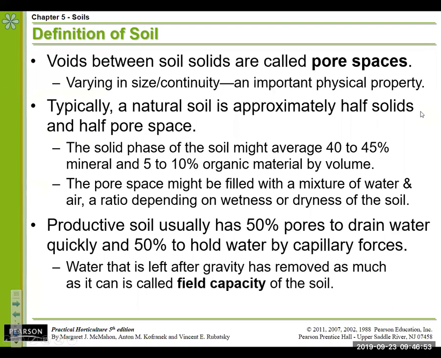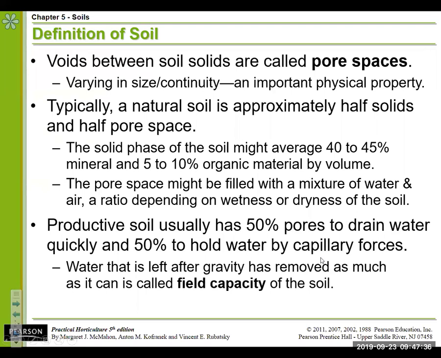However, it's not just being pulled directly down through capillary action. Think of that kind of as this network of these pores connected, kind of like the capillaries in your own body. As the water is being drained and moved through that by gravity, it's moving horizontally, vertically, sometimes up as well through capillary action across this wetting front, moving from wet areas of soil to dry areas of soil, from areas of higher pressure to lower pressure.